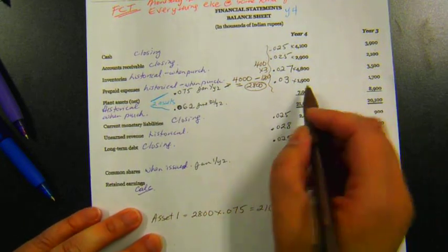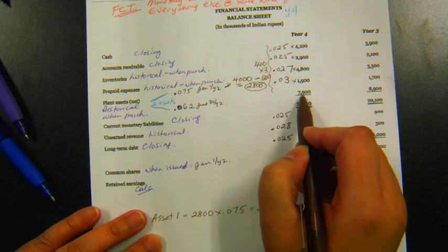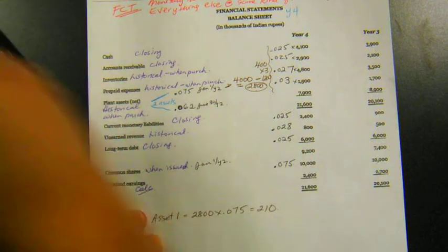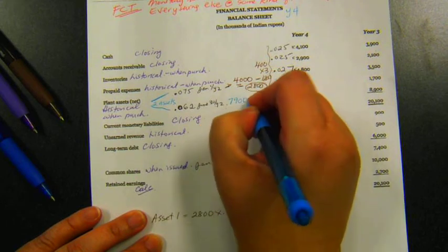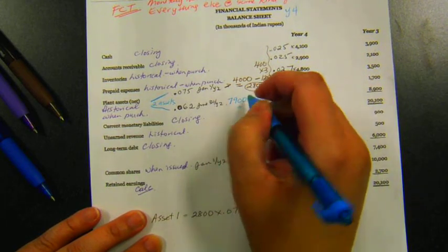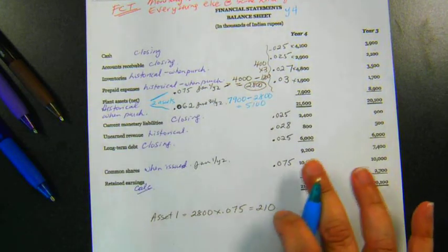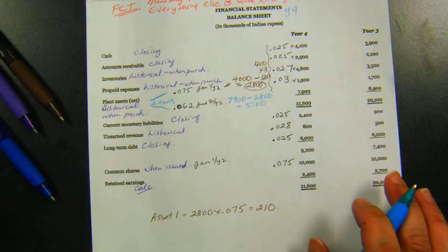If that's asset 1 and there's 7,900 in the total, how much is asset 2 going to be? Well, 7,900 minus 2,800 is 5,100. Or you can actually do that minus and it'll work out. So try it both ways.